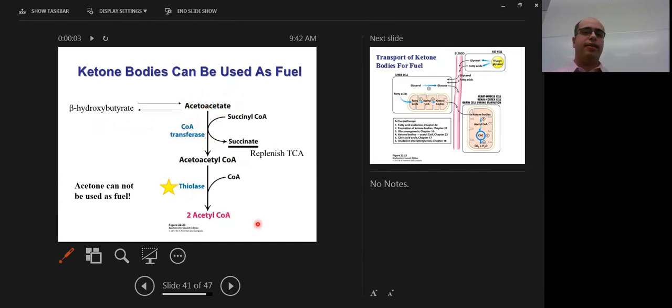And so the idea is that when times become better and we can now replenish our citric acid cycle, we then can use this acetyl-CoA to then produce energy again. Acetone itself cannot be used for fuel. That is something that just has to be eliminated, usually through urine.